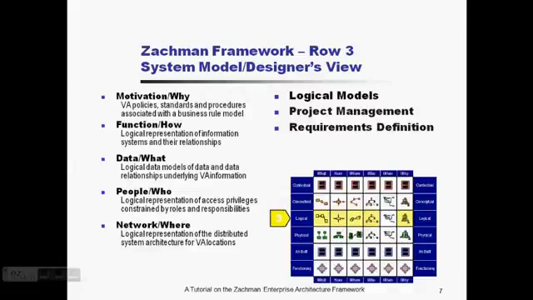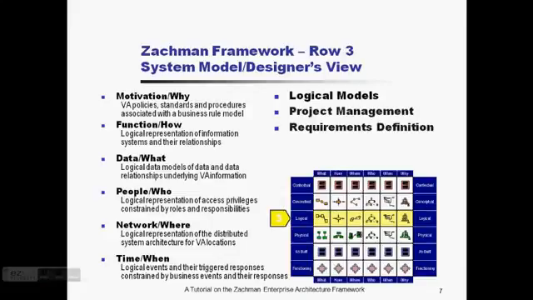Of course, the where is about the logical representation of the distributed system architecture for different locations. And the time is about the logical events and their trigger responses constrained by business events and their responses.